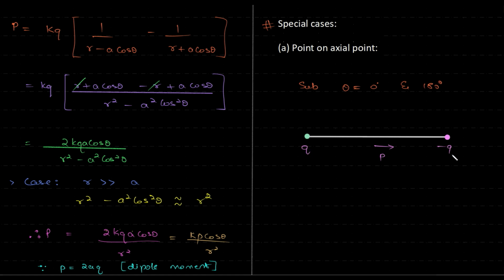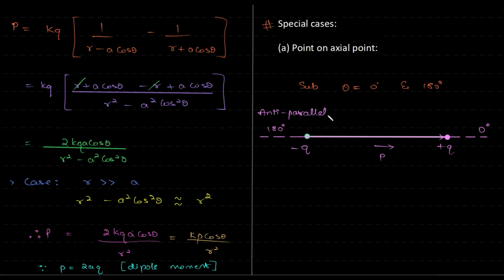And this is minus q, right? Wrong. This is plus and this is minus. Sorry, this is minus. Now, the angle along the axis means what? Along the line connecting them. So basically something like this, along this line. So if it's to the right, it is 0 degree. If it's to the left, it is 180 degree, because it is anti-parallel. Again, all this you guys need not write in your exam. This is for our information.